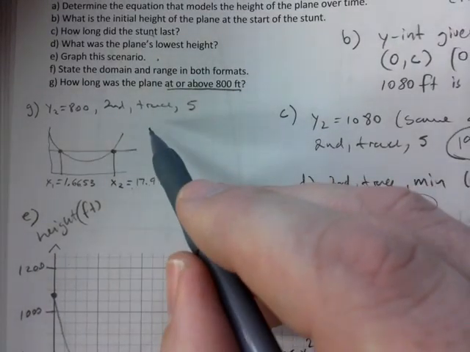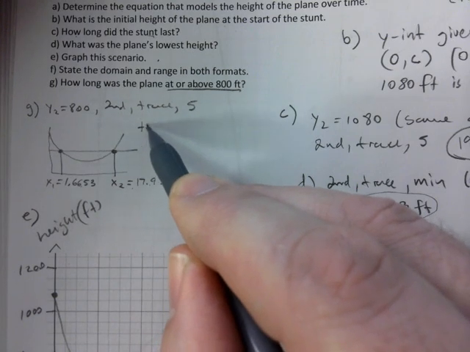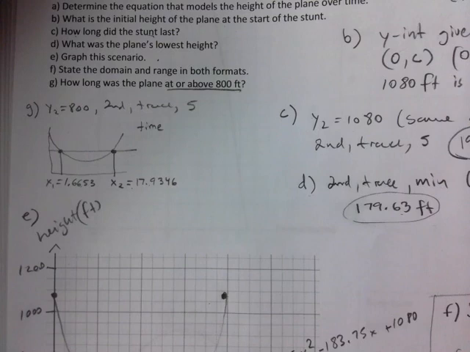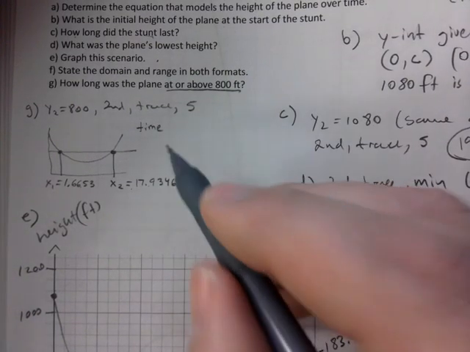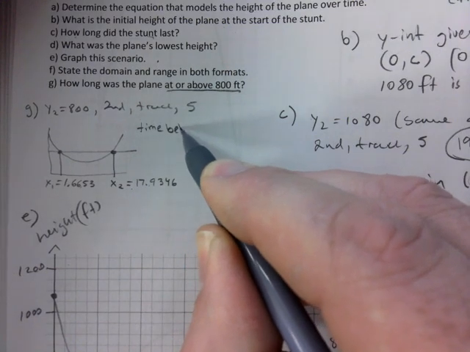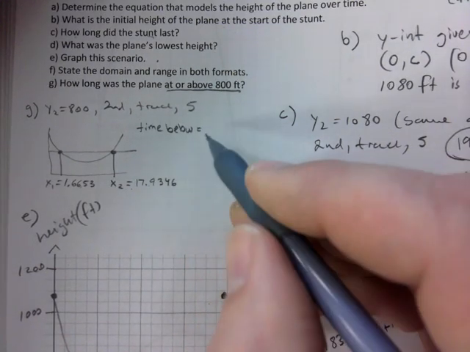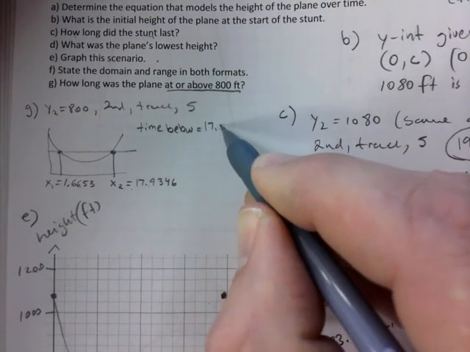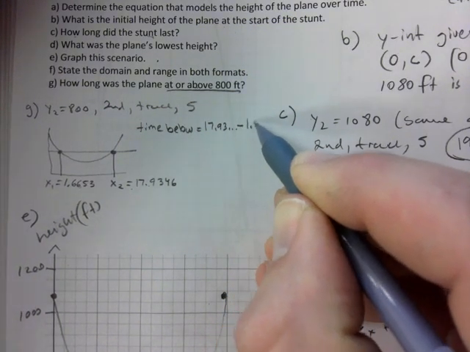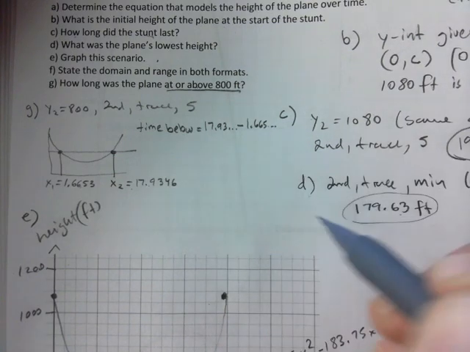So what we're going to do this time: time below is going to be 17.93 minus 1.665.